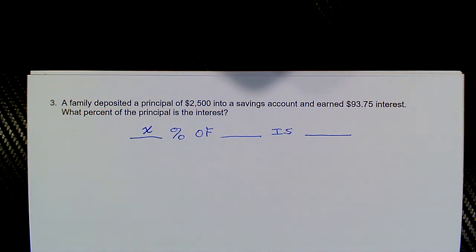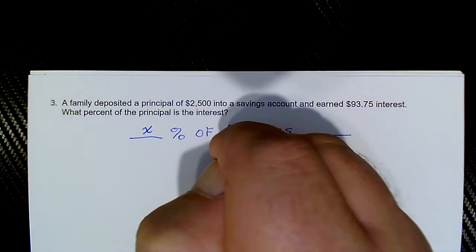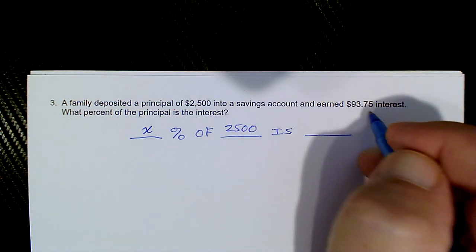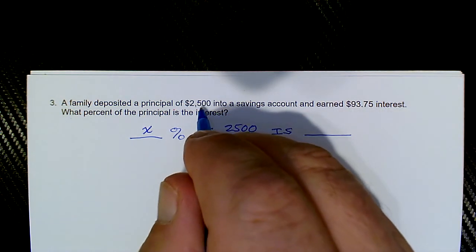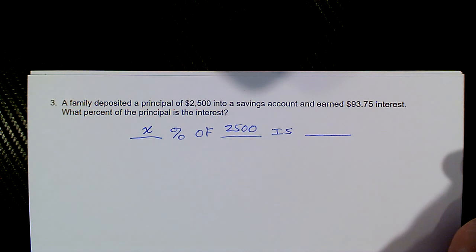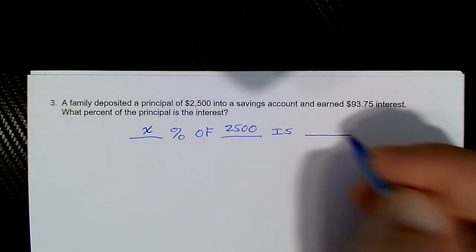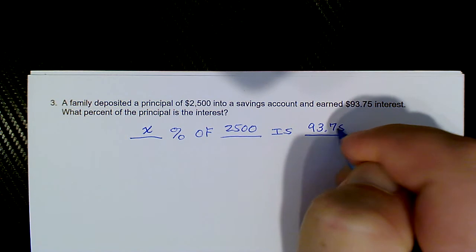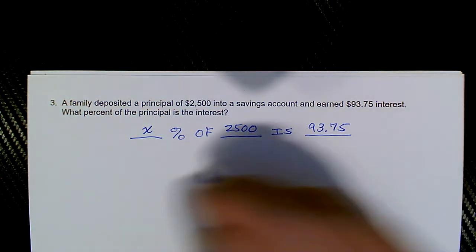That's your quantity that you're earning interest on. And so that would have to be the base, following the "of." And the interest that you earn is the portion of that principal or base or whole. So the 93.75 is the part. Okay, and then translate it.